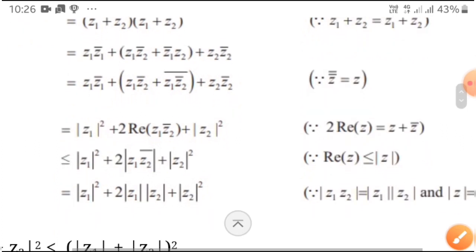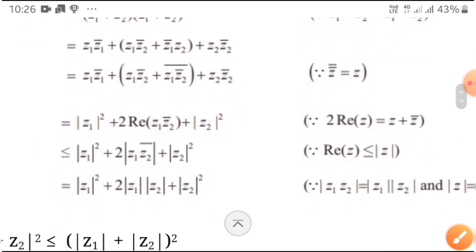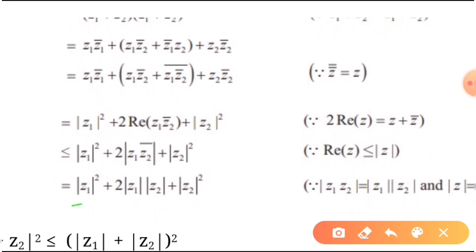Right? This is of the form A squared plus 2AB plus B squared. Okay, this is A plus B the whole squared. Here A is modulus of Z1, B is modulus of Z2. So A plus B the whole squared.